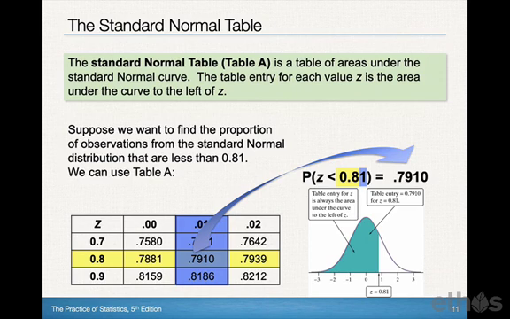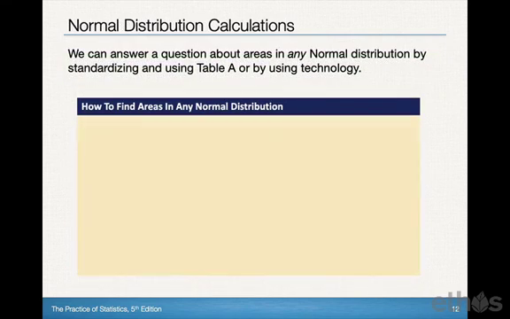But if there's a context to the question, find the percentage of students that scored lower than the 81st percentile, your answer wouldn't be 0.7910, it would be 79.1% of students scored below the 81st percentile. So you would put the context in and you would answer the question.